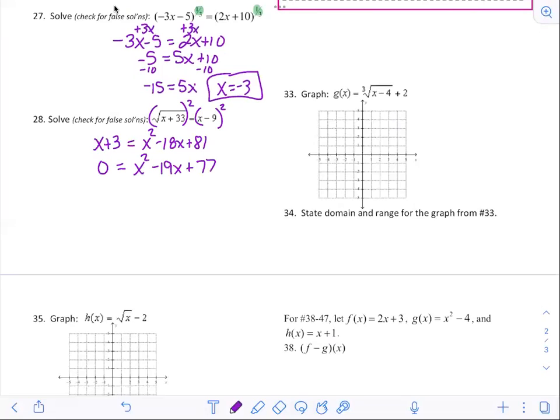So now we've got to figure out what multiplies to 77 and adds to negative 19. Oh, whoops. Sorry, not 77. We're going to subtract 33 there. I'm going to say something doesn't look right. There we go. It's got to multiply to 48 and add to negative 19. So that's going to be negative 3 and negative 16.